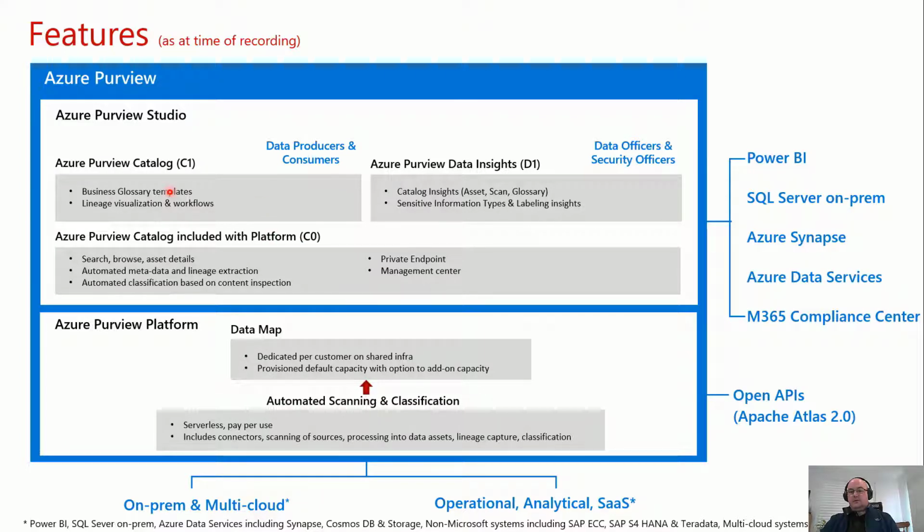The C1 tier, the Azure Purview catalog, includes the following in addition to the free features previously mentioned. Business Glossary, which allows you to deliver a curated and consistent understanding of business terms and definitions.